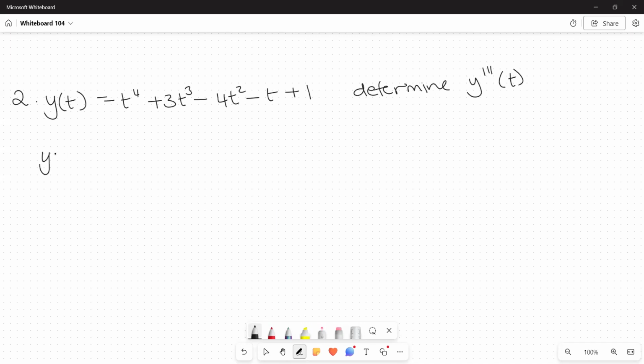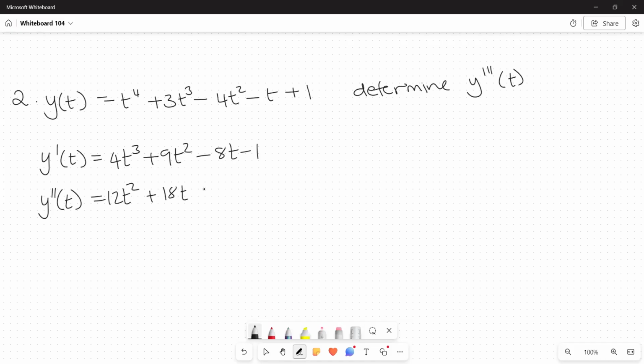Okay, so y prime of t, this is our first derivative, very easy to do. We have 4t cubed plus 9t squared minus 8t minus 1. Y double prime of t, this is 12t squared plus 18t minus 8. And then y triple prime of t, this is 24t plus 18.